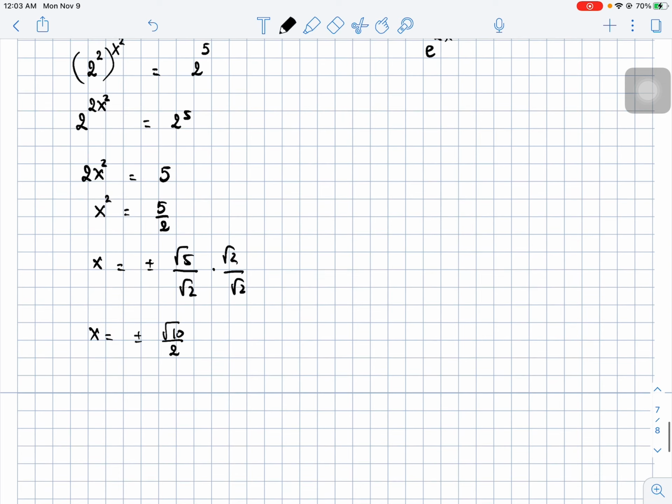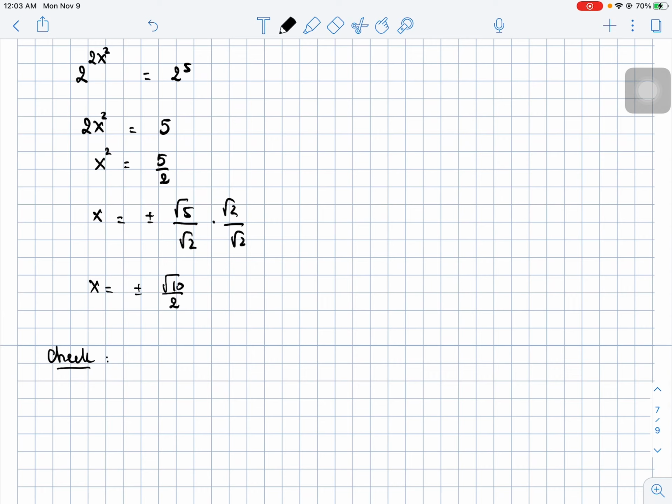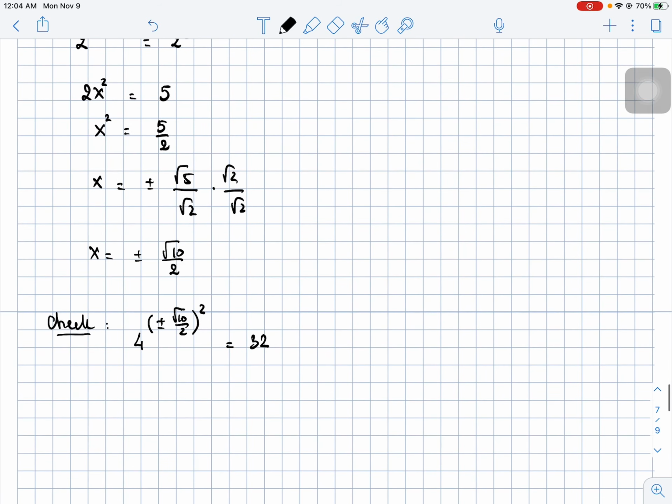We will check the answer. Now we plug x equals plus or minus the square root of 10 over 2 into the original problem. I'm going to put both of them at the same time. So plus or minus the square root of 10 over 2, squared, equals 32. Now we have 4 in the denominator, and plus or minus the square root squared becomes positive anyway.